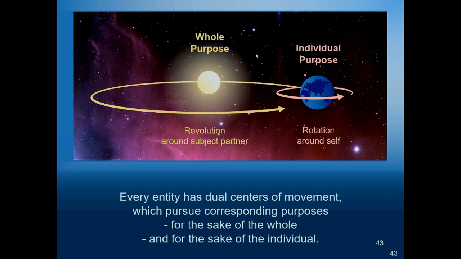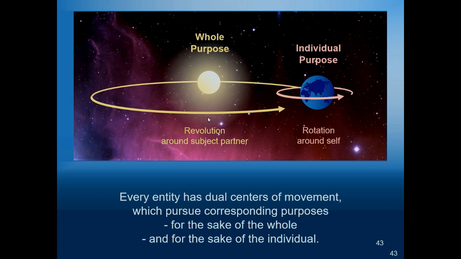The planet Earth rotating around the sun is fulfilling a purpose of the harmony of the solar system, because the sun is the subject, and the Earth is serving the sun in a sense, revolving around the subject partner. At the same time, the Earth is rotating around its own axis, around itself, so it's fulfilling an individual purpose.